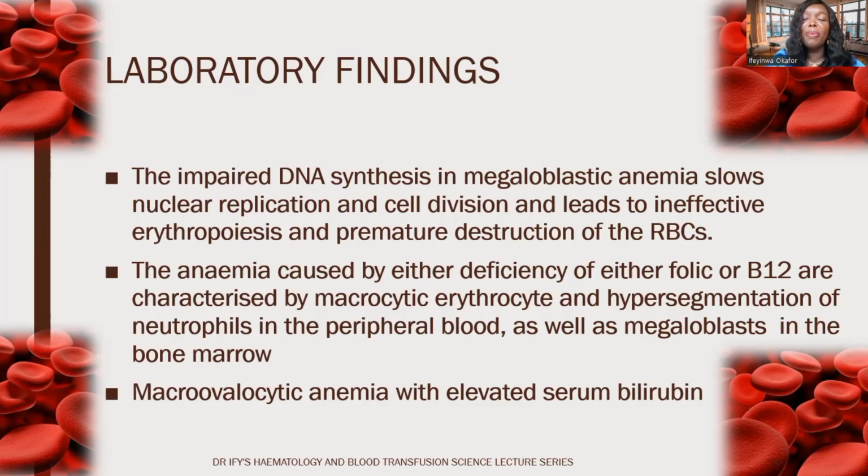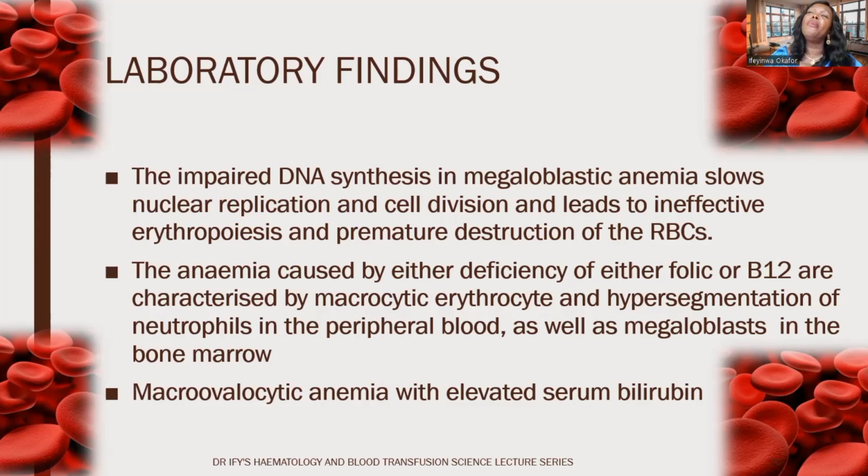So anemia caused by deficiency of either folate or B12 is characterized by macrocytic erythrocytes in the peripheral blood. Predominantly what you will see in the peripheral blood is macrocytic erythrocytes and hypersegmentation of neutrophils. Most times, B12 and folate deficiency lead to megaloblastic anemia.